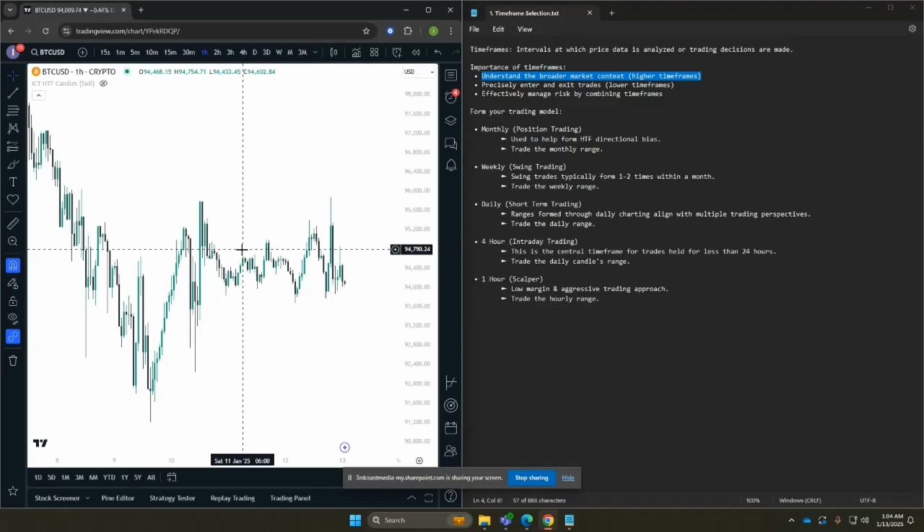If we count, that's 1, 2, 3, 4, 5, 6, 7, 8. 8 hours from here to there if you managed to spot something like this. If we look at it from there to there, 8 hours. Of course, it's not likely you're going to catch the low to high, but I hope you get the idea.